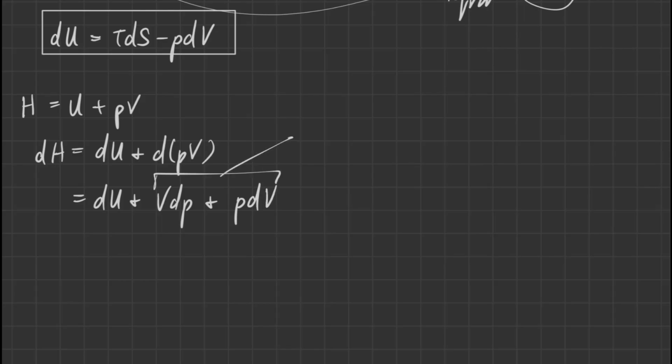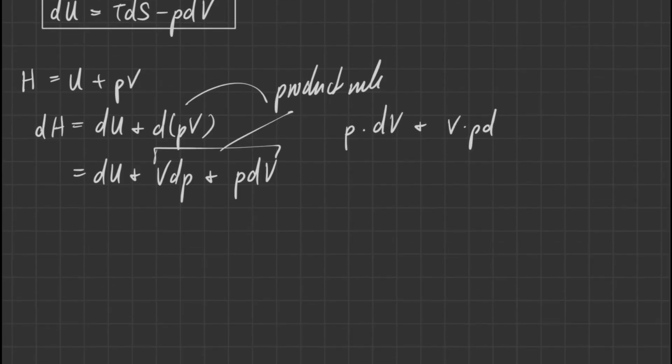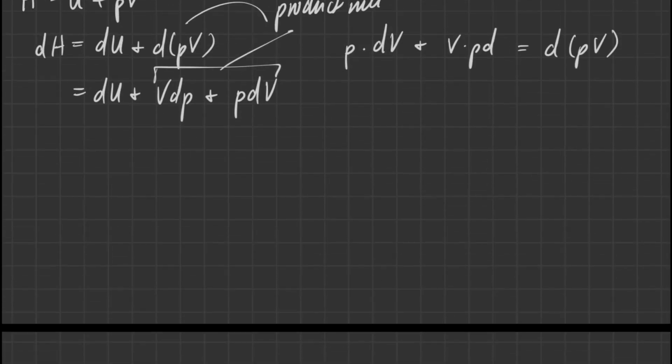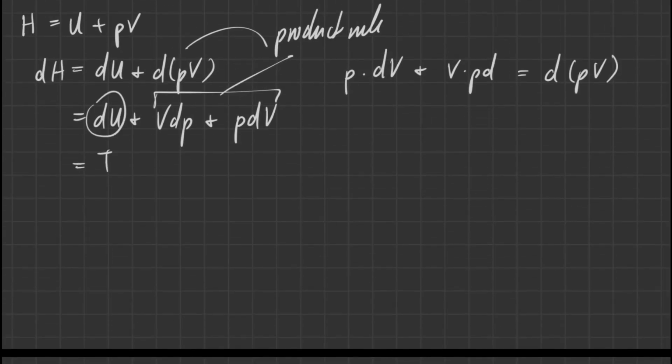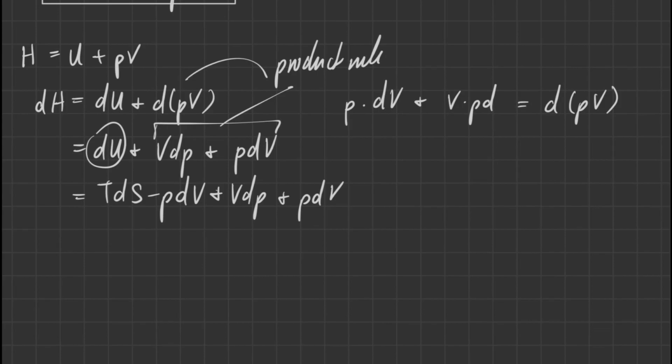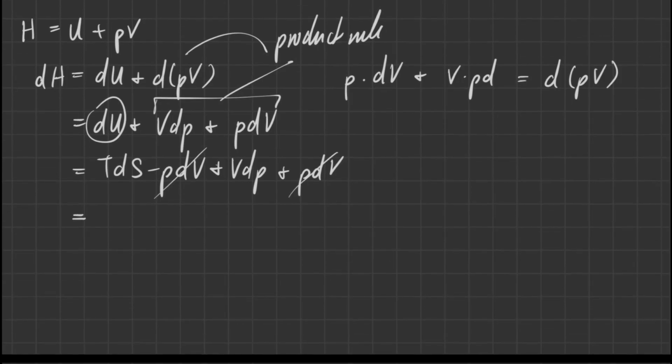If you're curious about where that came from, I just use the product rule, where I multiply P times dV plus V times dP in order to get d(PV). Now we can substitute dU, which we know to be T dS minus P dV from the first derivation, plus V dP plus P dV. From here we can cancel out the P dVs and arrive at our exact differential for enthalpy: T dS plus V dP.